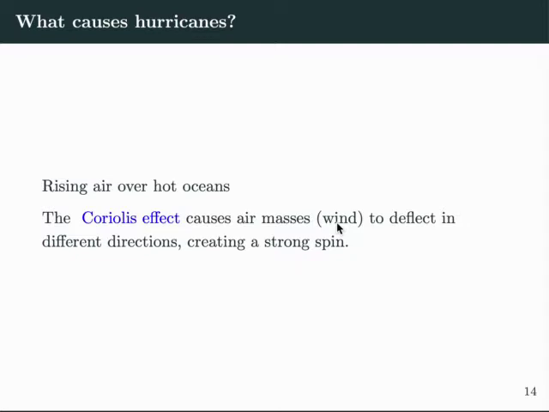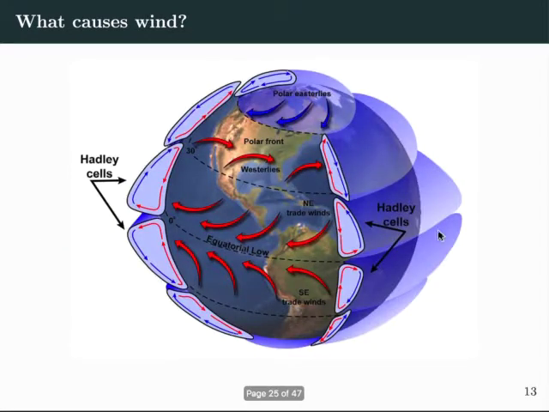So what causes hurricanes? This is really important. Hurricanes that we're familiar with are formed over in the mid-Atlantic region, not down near the equator, just above it somewhat, and they come across and then they rotate up through this region.